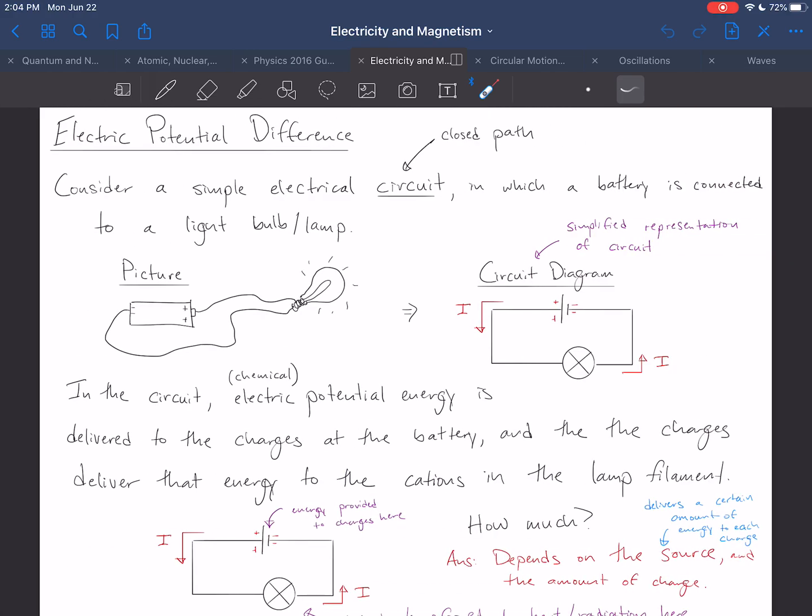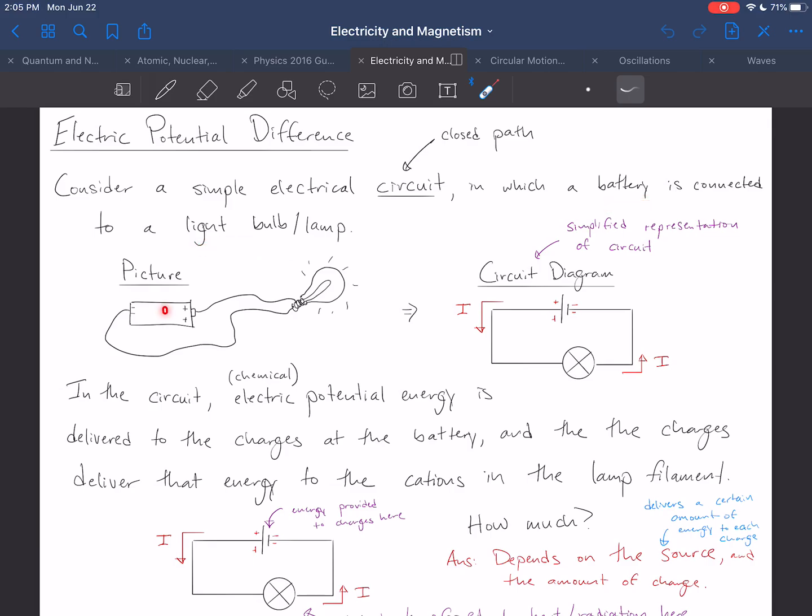So how does that apply to this unit? To introduce the application of electric potential energy, and ultimately this concept called electric potential difference, I want to just consider a very, very simple electrical circuit. We'll get more complicated ones later, but a very simple electrical circuit, where circuit just means a closed path, in which a battery is connected to a light bulb or lamp.